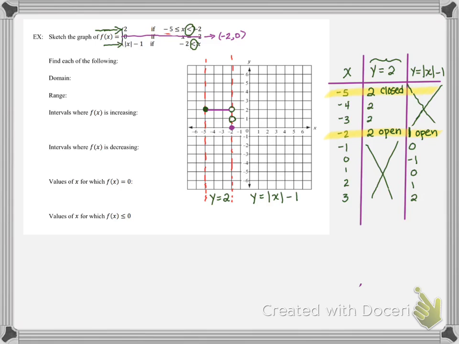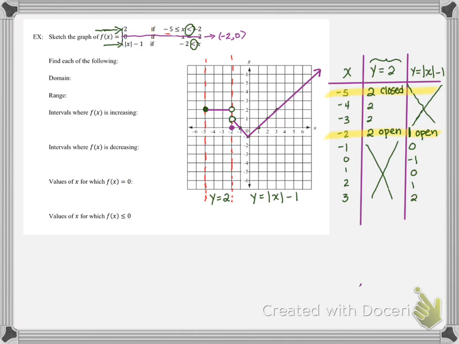And then -1, 0; 0, -1; 1, 0; 2, 1; and 3, 2. So they're straight lines because it's an absolute value, but we've got to get that V in there. So there's my graph.